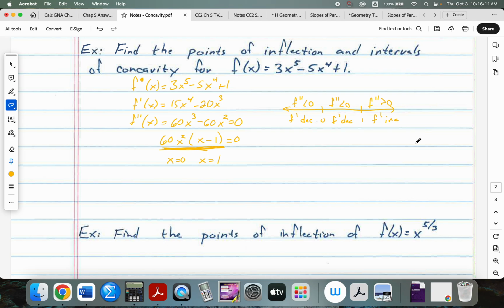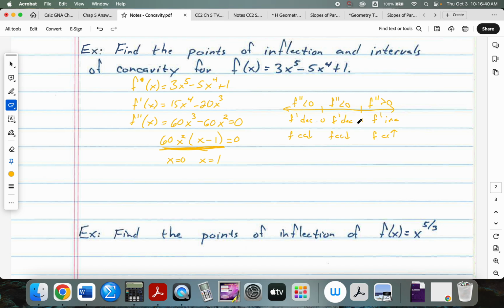So by definition, this means that f is concave down on these first 2 intervals. And here f is concave up. So the only place that f has a point of inflection is at x equals 1.